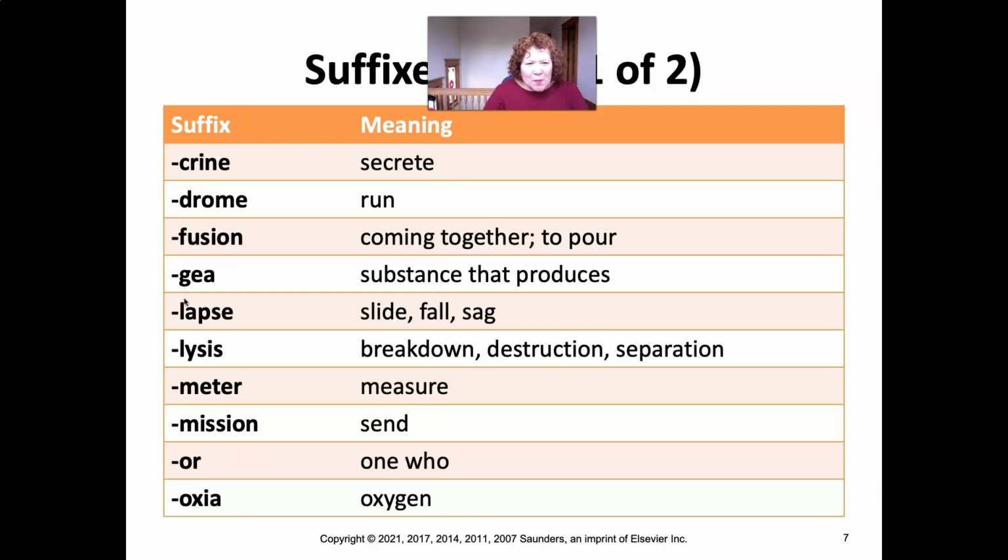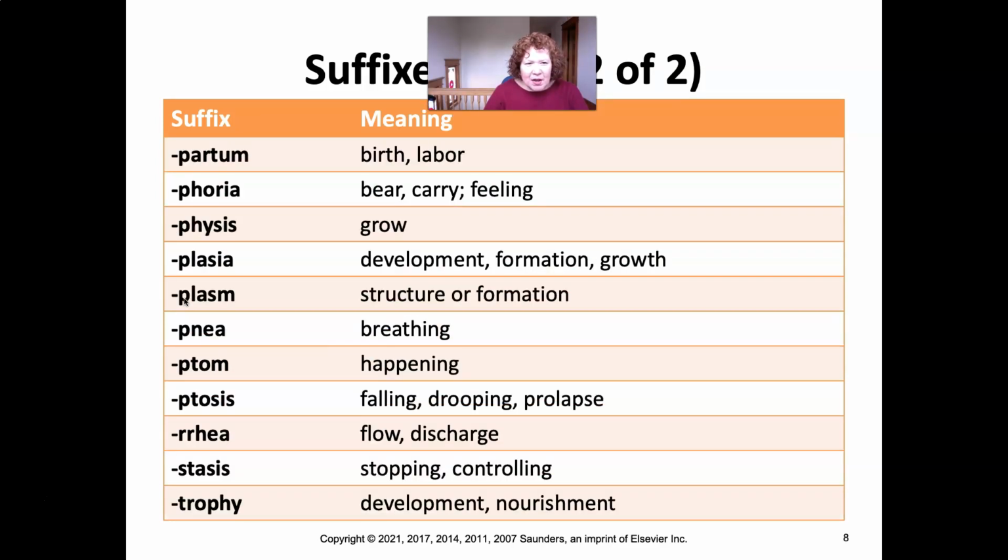Now we've got some suffixes here. Crin, drome, fusion, gia, lapse, lysis, meter, mission, oxia. Partum, phoria, physis, plasia, plasm. Plasia and plasm are two different things, even though they can both mean formation. They're typically used as different things. Nia, again, P before an N, you don't pronounce the P, it's just nia.